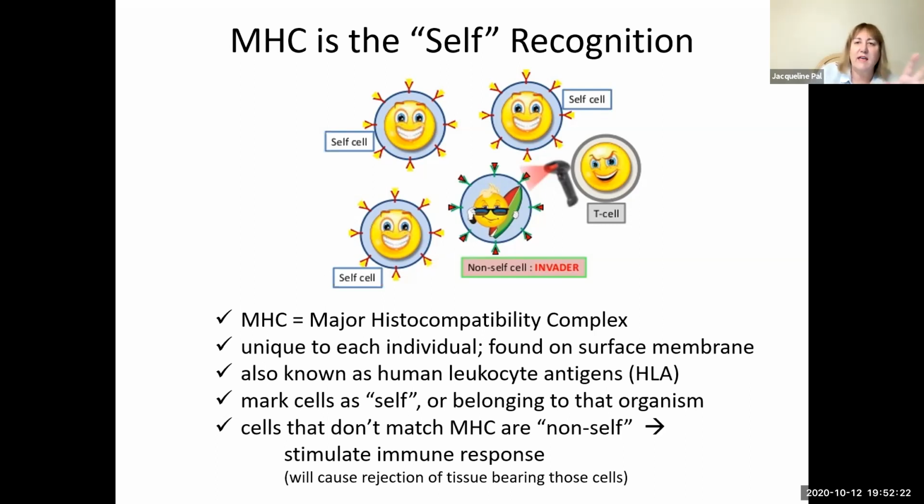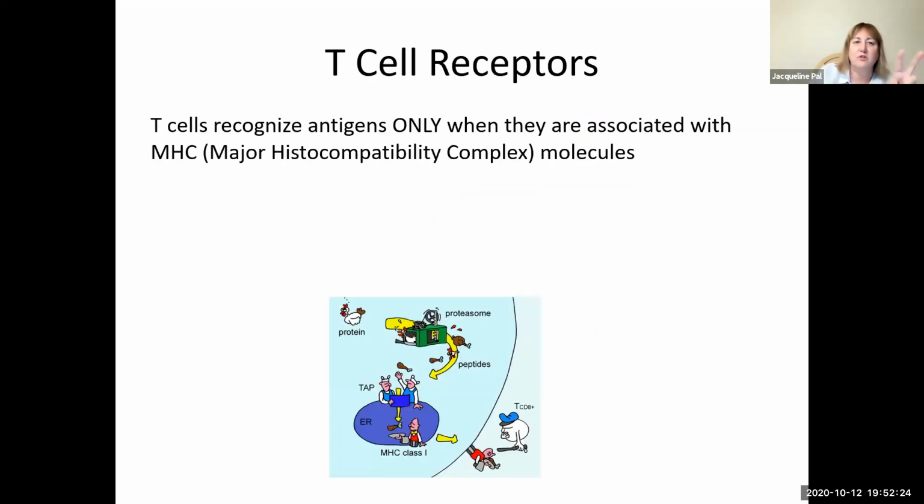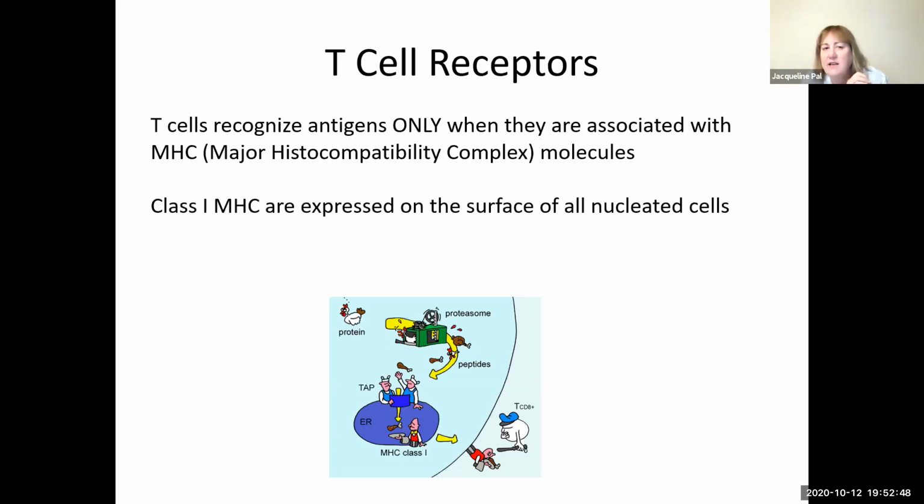So when we look at MHC, we actually have two different types of molecules, okay? And this is important for T cell mediated immunity, because T cells will only recognize an antigen if it is attached to the MHC marker. So there's two types of molecules. Class 1 MHC are on the surface of every cell in your body that has a nucleus.